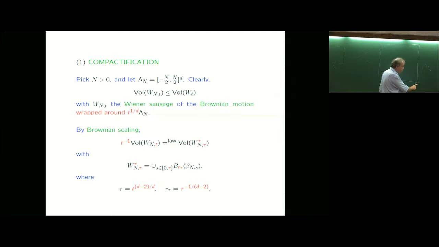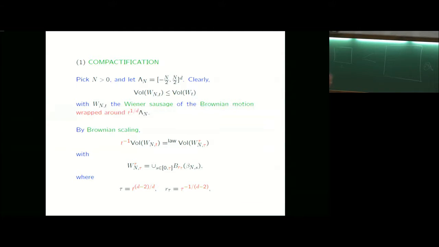So it's a very large box: n is fixed, but t will be growing. And I'm doing this because this was the time scale on which my Swiss cheese is living.